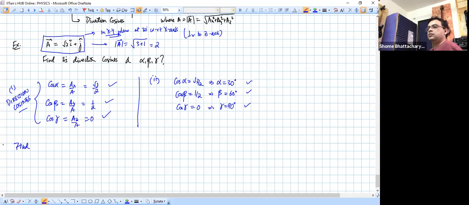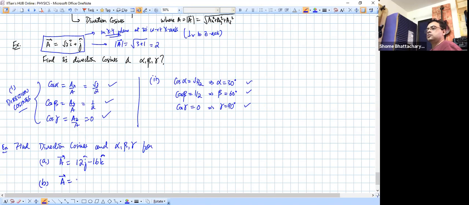Find direction cosines and alpha, beta, gamma for these two vectors.